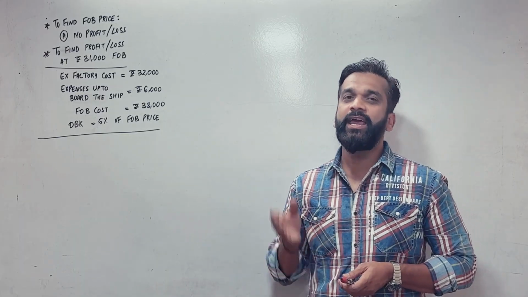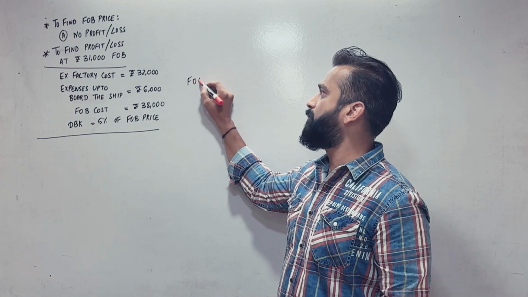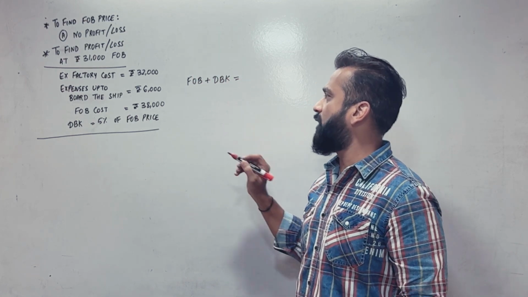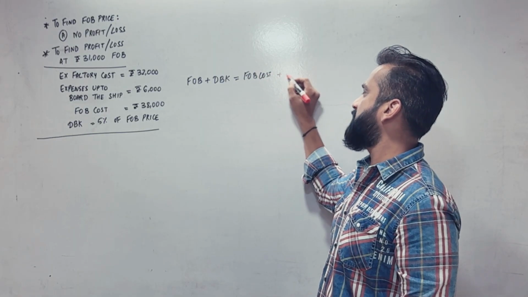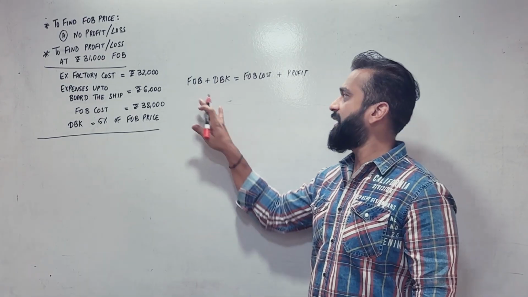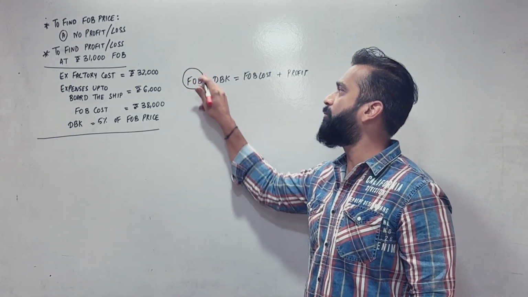To calculate FOB, the formula is FOB plus duty drawback is equal to FOB cost plus profit. Here in this formula, we are supposed to find the value of FOB.